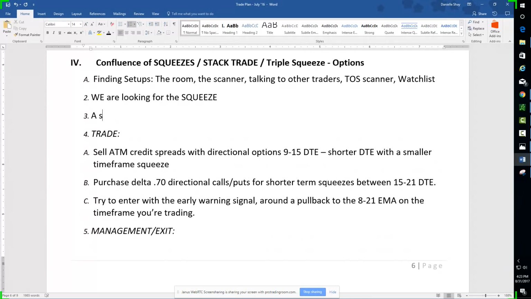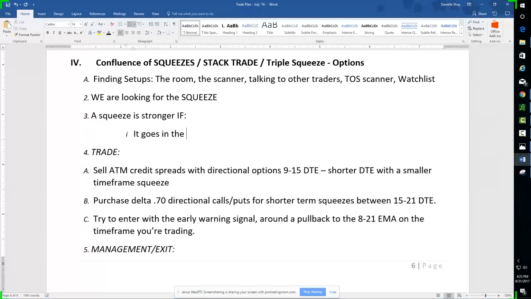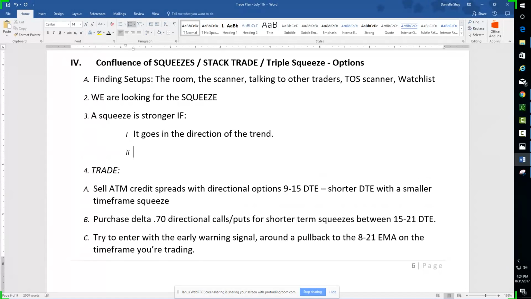A squeeze is stronger if it goes in the direction of the trend. The squeeze is a trending indicator, so a higher probability squeeze is going to be going in the direction of the trend. It's also stronger if there are multiple squeezes across multiple time frames.